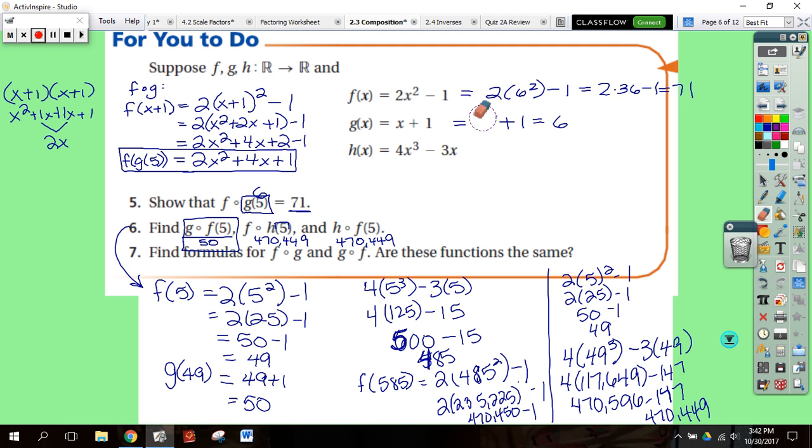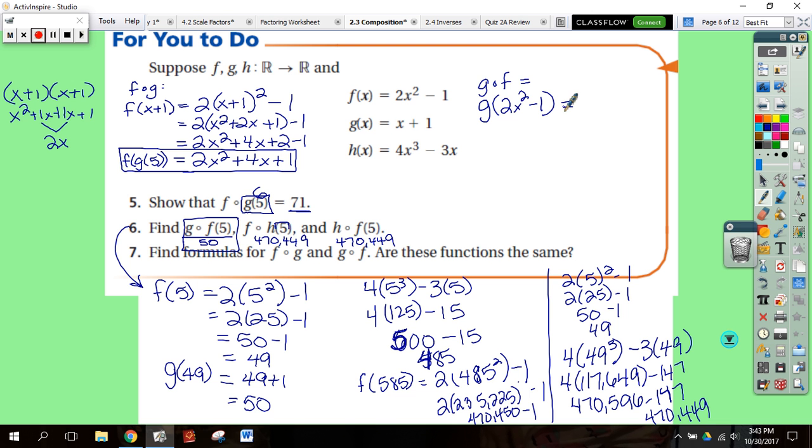Okay, so now if we do the same thing, if we use g of f of x, what that's saying is we take the f function and we plug it into the g function. So g of f is equal to, we're basically doing g of 2x squared minus 1. That was a horrible exponent there.